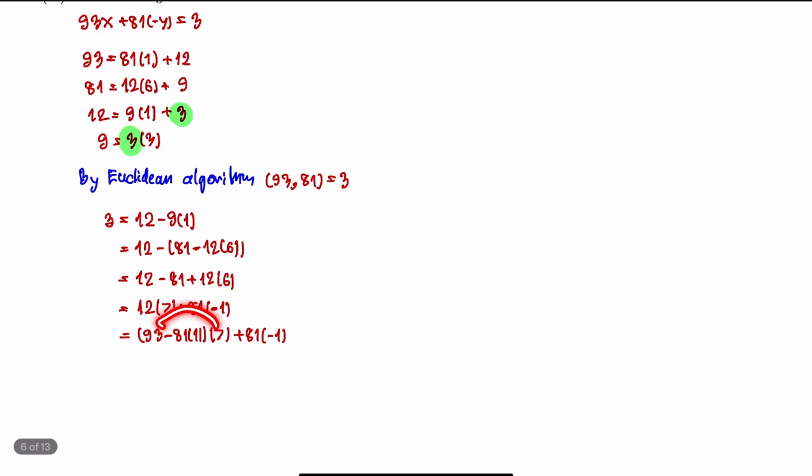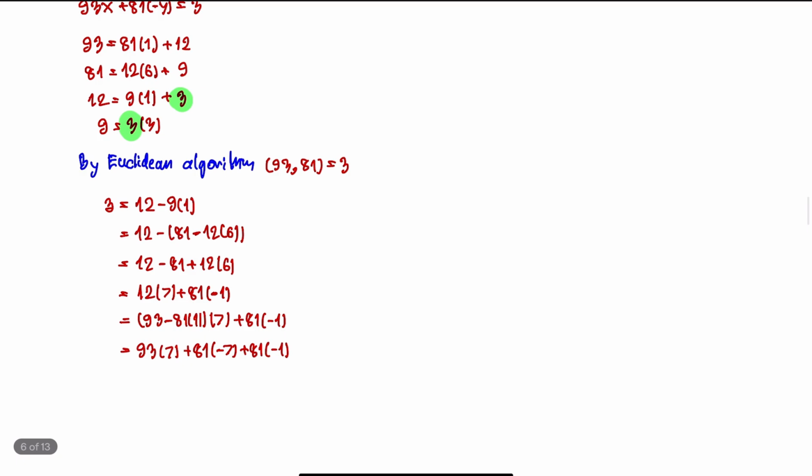We distribute 7 into each term, so we have 93 times 7 plus 81 times minus 7 plus 81 times minus 1. Then we have 93 times 7 plus 81 times minus 8.